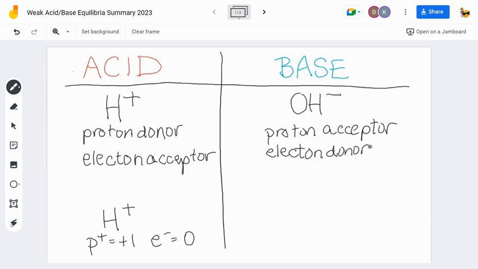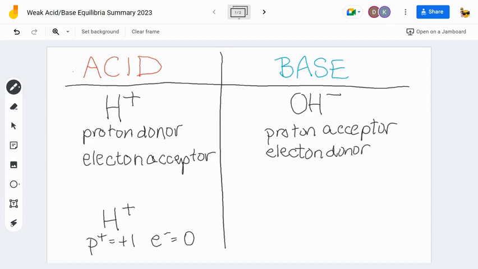So Arrhenius states that acids provide H+ in solution and bases provide OH- in solution. Bronsted-Lowry says that acids are proton donors and bases are proton acceptors. And the Lewis definition is that an acid is an electron acceptor and a base is an electron donor.